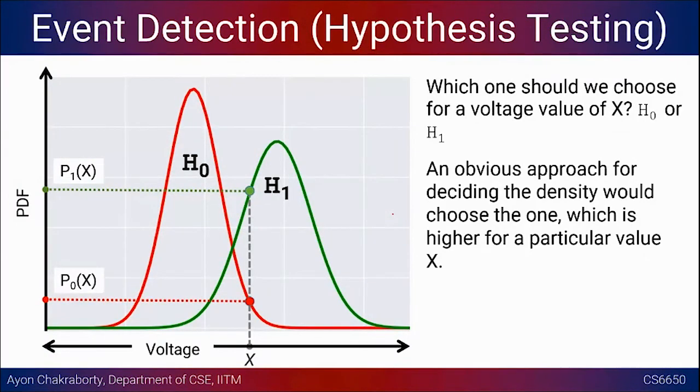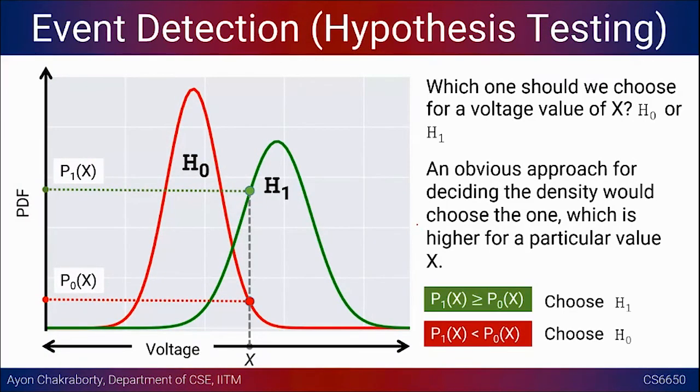Now if P1(X) is greater than or equal to P0(X), we can choose H1, whereas if P1(X) is less than P0(X), we can choose H0. This is one straightforward way to approach this particular problem.